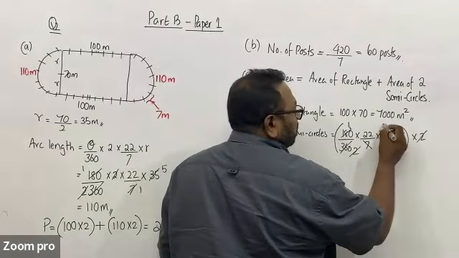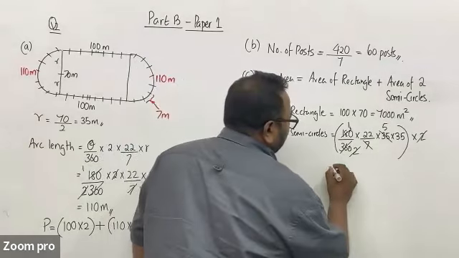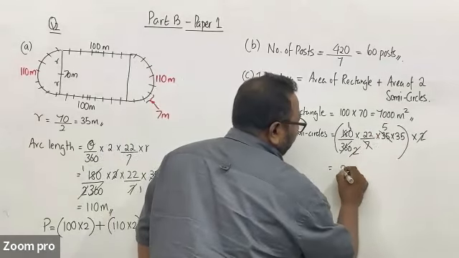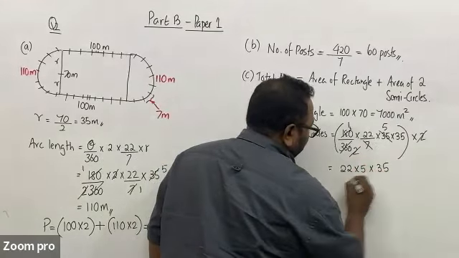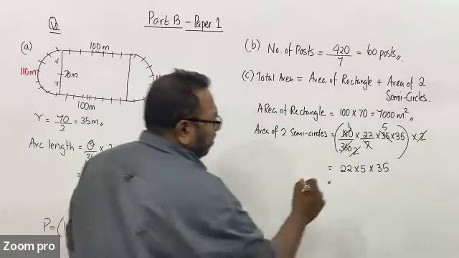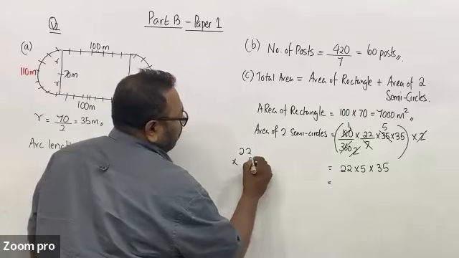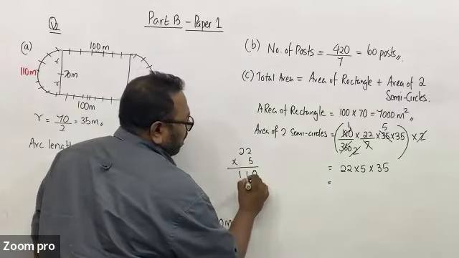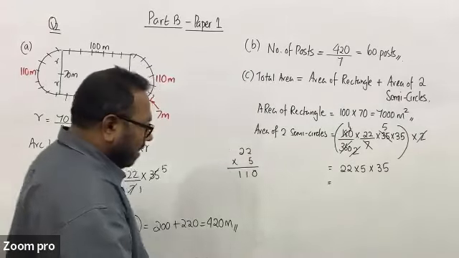This 7 and 35 I will simplify. This becomes 5. So calculate now 22 into 5 into 35. 22 multiplied by 5 is easy, 110. Then multiplied by 35 again.